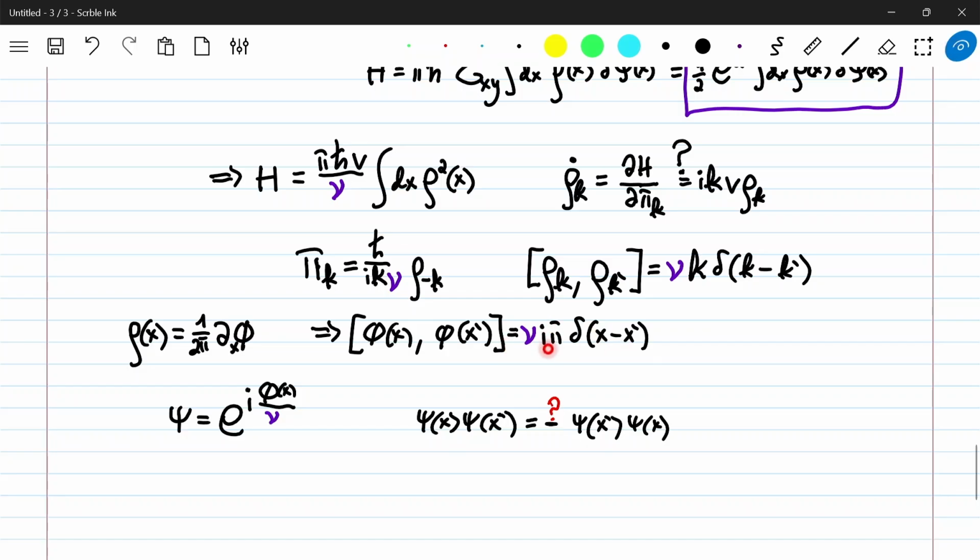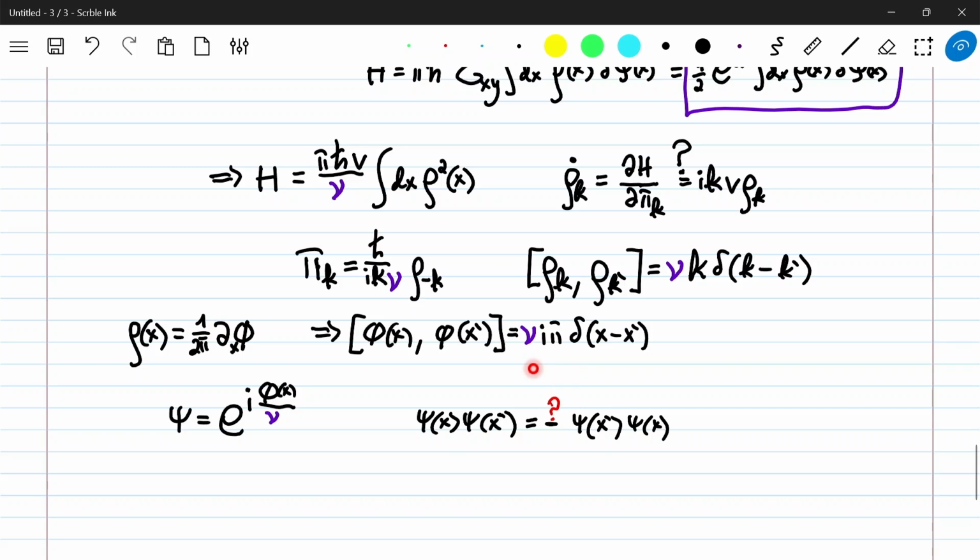Okay, now it's good. So I have this relation, and I redefine my electron operator in a modified way, and I want to check that this is satisfied.